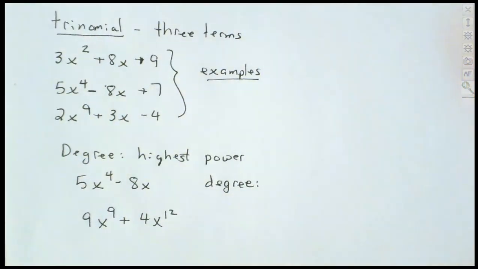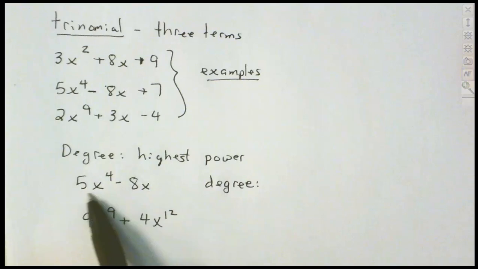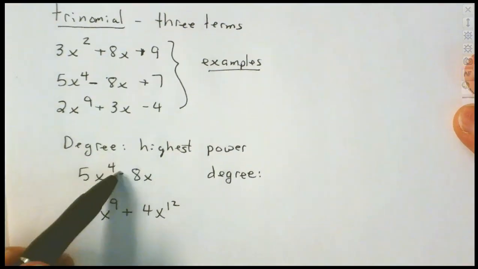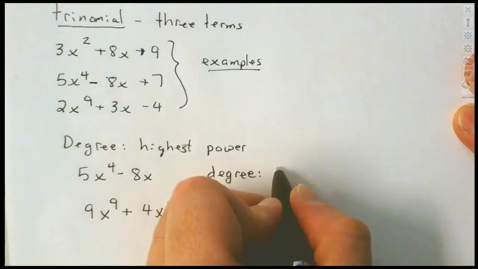So all we're doing is classifying these. So what would the degree on this first one be? Well, on the first one, what's our highest power? Our highest power is 4. So that would be a degree of 4.